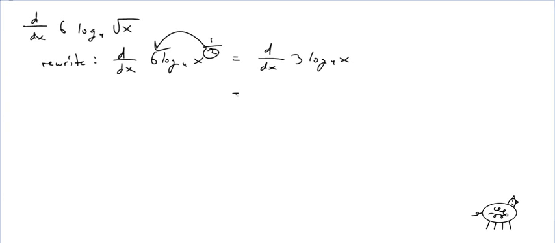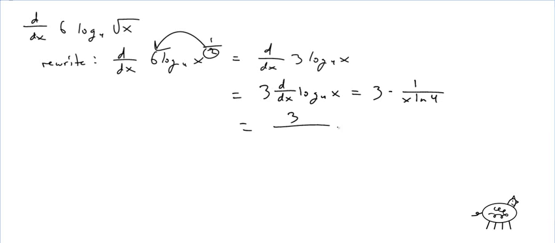And that's really easy. That's just 3 times d by dx of log base 4 of x, which is times 1 over x ln of 4, which gives you 3 over x ln of 4.